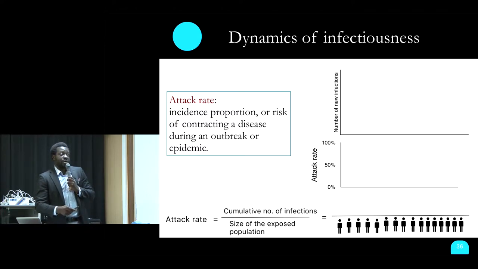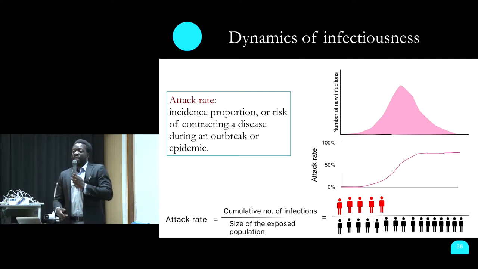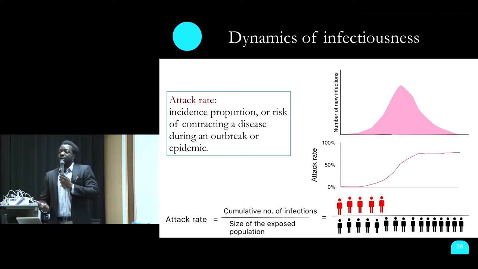Another parameter is what we call the attack rate. The attack rate is one of the measures of incidence proportion, or it is just the risk of contracting a disease during an outbreak or an epidemic. For example, as more and more people get infected, the attack rate goes higher and higher. So it tells you how many people at the end of the epidemic were infected, for example, developed the disease.